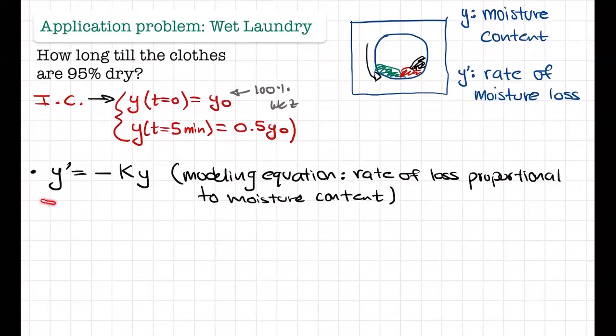This equation states that the rate of loss of humidity or moisture is proportional to the moisture content. Meaning that the more water there is, the faster it will dry, and the less there is, the slower it dries. So you guys can understand there.